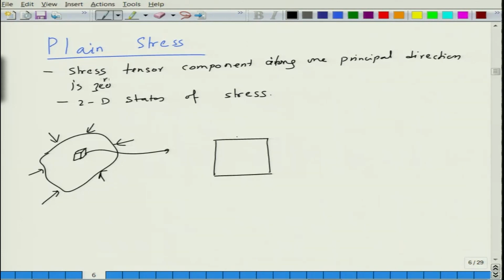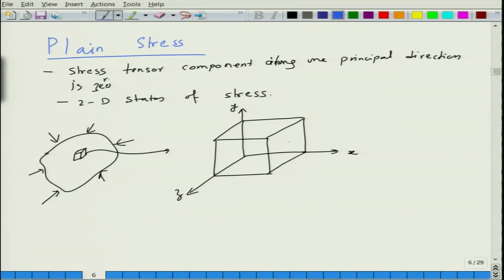So, you have a cube, so let us say this is x, this is y, this is z.